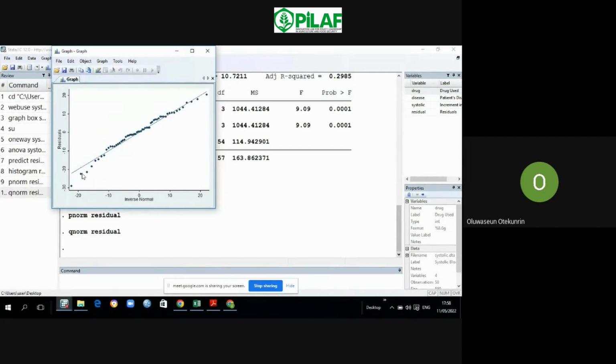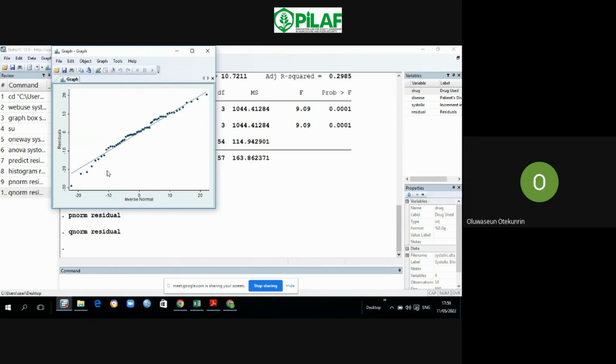If you look at the two graphs, you can continue with your analysis, with your estimation. So we have now concluded on assumptions 1 to 5. We have decided that our residuals are normally distributed.